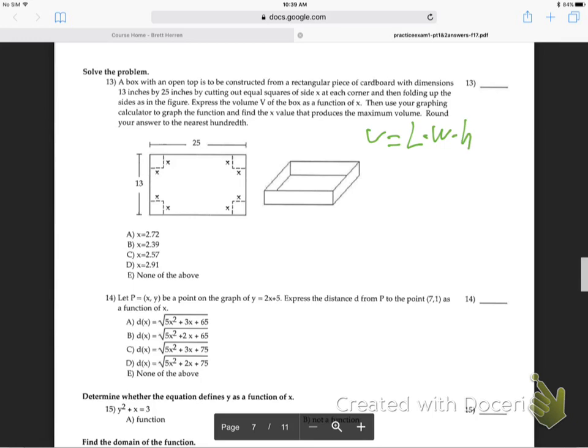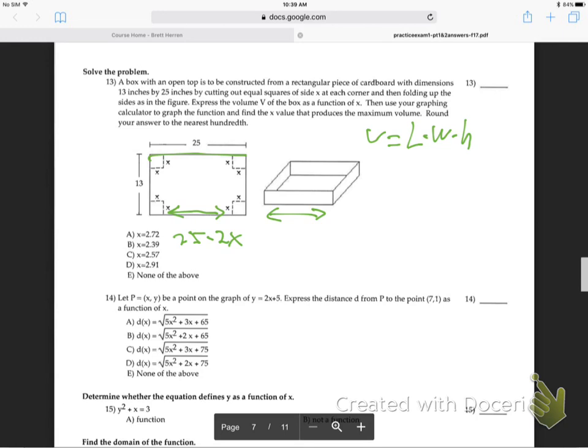So what is the width of this thing? Well, it's all the way across here. What is that? 25. 25 minus 2x. It's 25 all the way. Whoops, so I'm not doing this very well. Inner edge to inner edge is 25 minus 2x, huh? Right? Remember how we did that? It's 25 outer to outer, back up x, inner to inner.